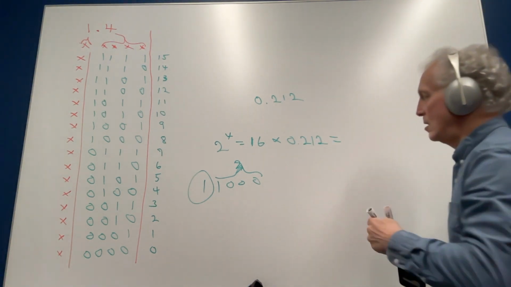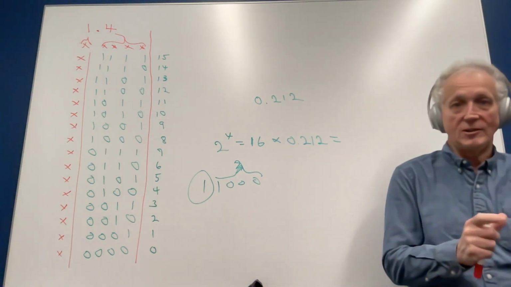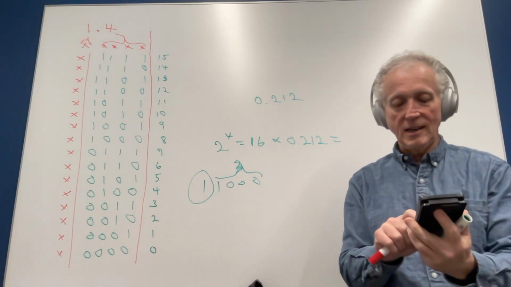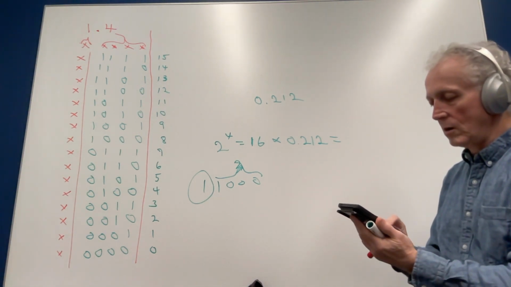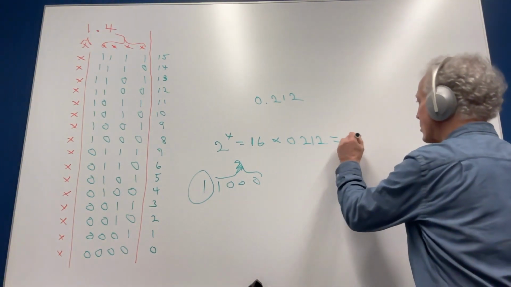I'm not going to try to figure out the fraction, since it's an irrational fraction, so we'll stick with the decimal. 16 times 0.212 will give us 3.392.